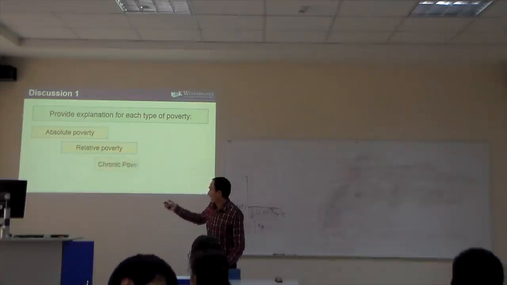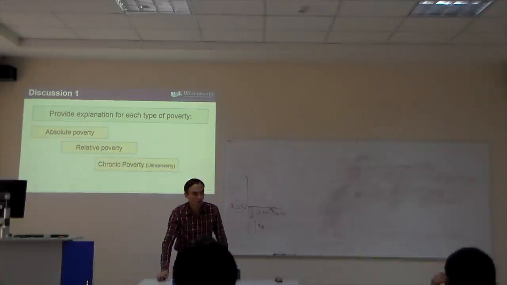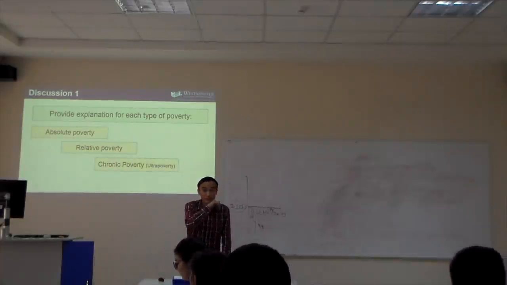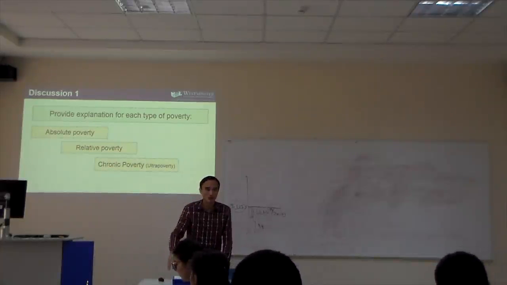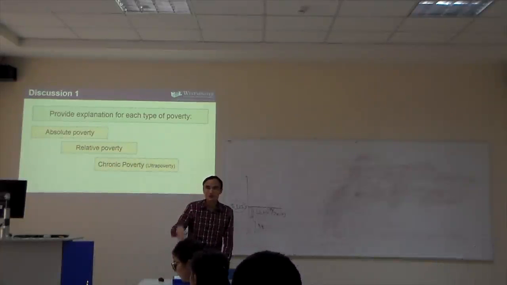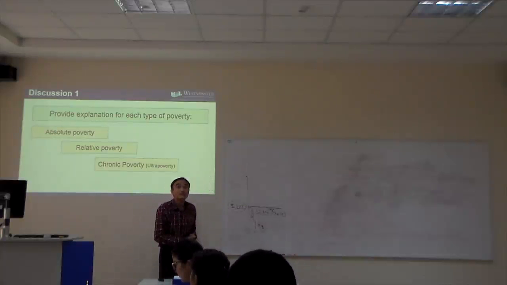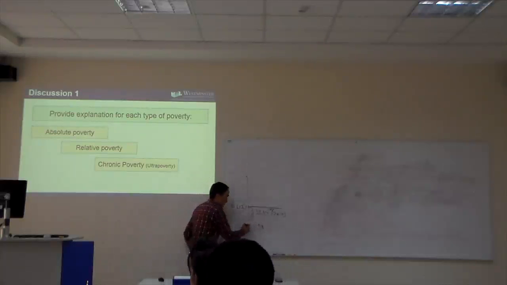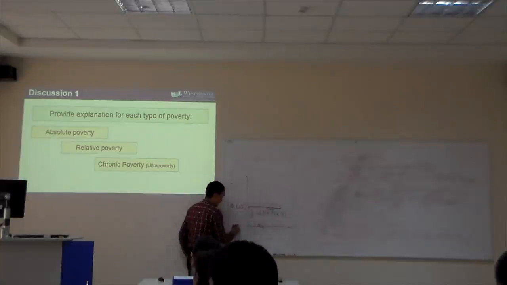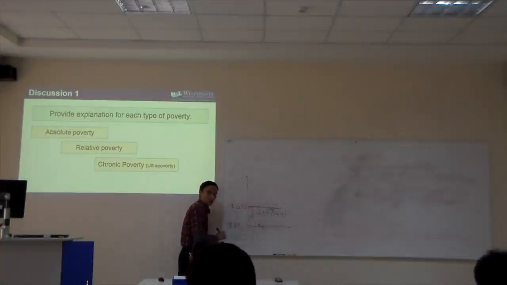Good. And we have another one, chronic poverty. What was it? Yes, poorest of the poor. And how do we define that poorest of the poor? How do we know whether that person is chronically poor? Whose income is 50 cents? Yes. The threshold value we chose was 50 cents, right? Half a dollar.